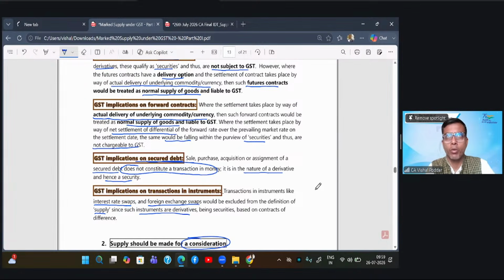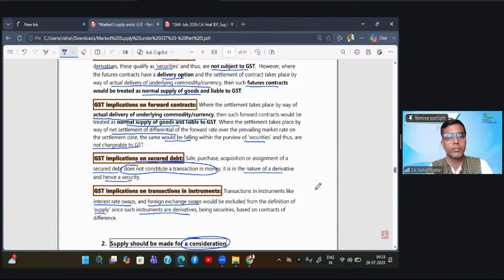Manage means recover the loan. So nowadays we have something called an asset reconstruction company, which purchases the debts from the bank. Out of 1,000, I sell 500 of my loans to that particular asset reconstruction company, and I ask them to collect the loans. What the bank has sold is its debts, and debts are secured creditors.